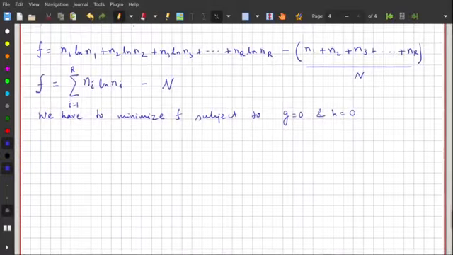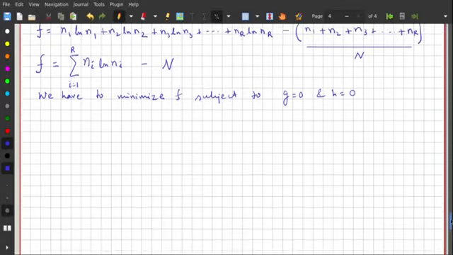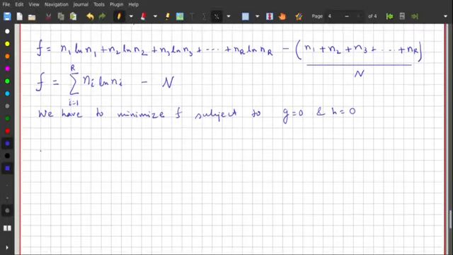Okay, so now we will recast this problem. So we have two constraints, as you can see, and we have this function of r variables basically. So you can see we can minimize with respect to r variables.